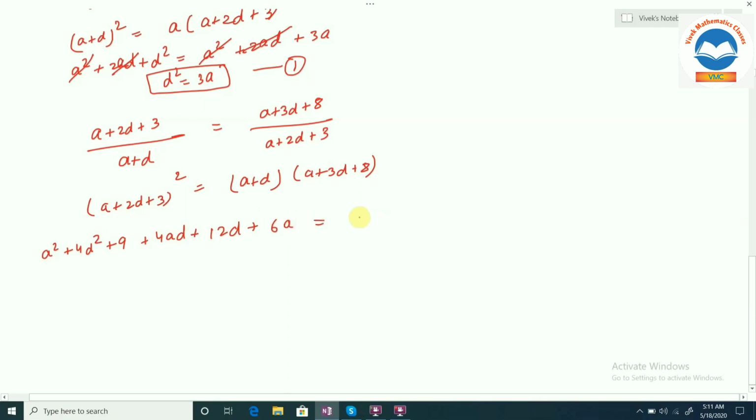Okay, equal to, if you multiply this one, you will get A square plus 3AD plus 8A plus AD plus 3D square, and next what you will get? 3D square plus 8D.